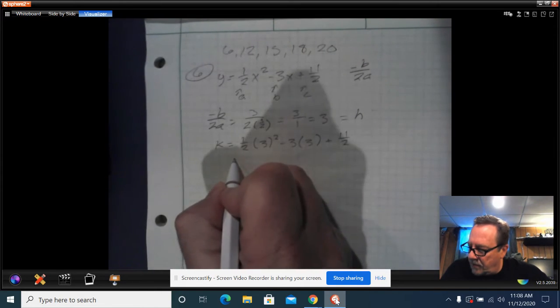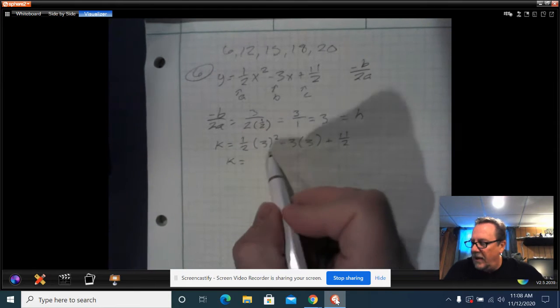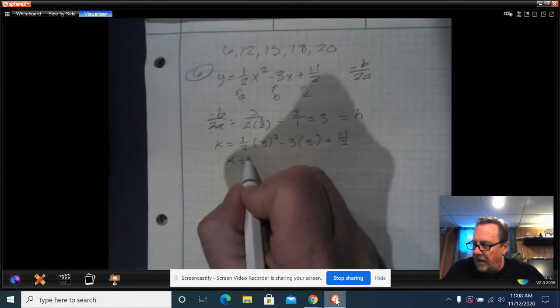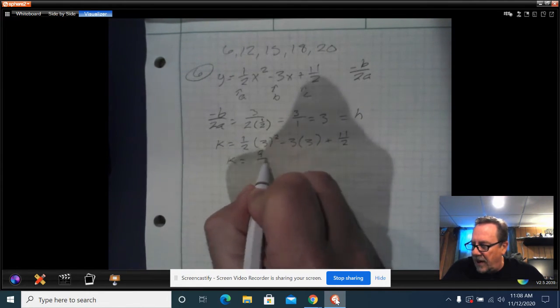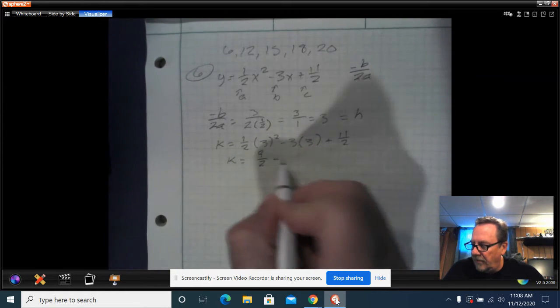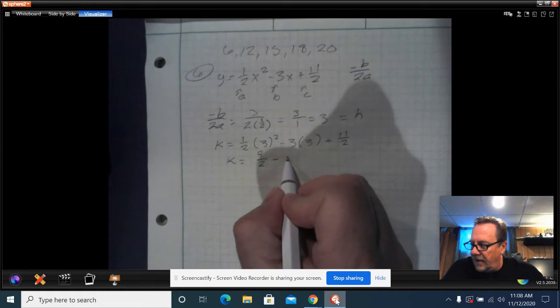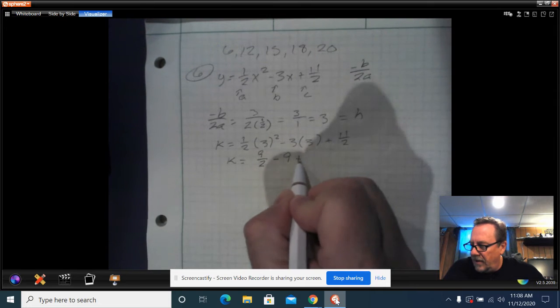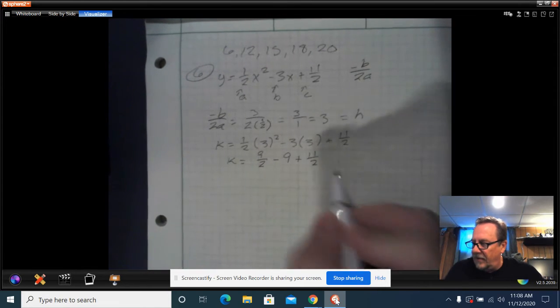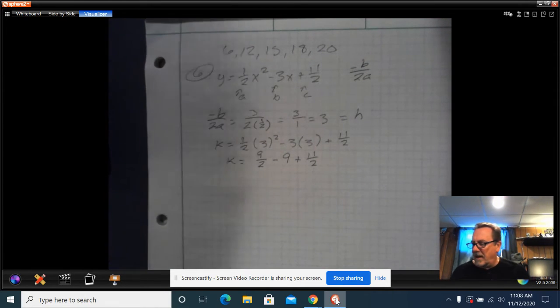So let's simplify this. So our k is going to be, 3 squared is 9, and 9 times 1/2 is 9 halves. And 3 times 3 is 9. And then we have 11 halves. So I have 9 halves minus 9 plus 11 halves.